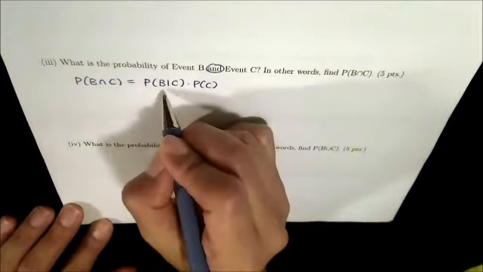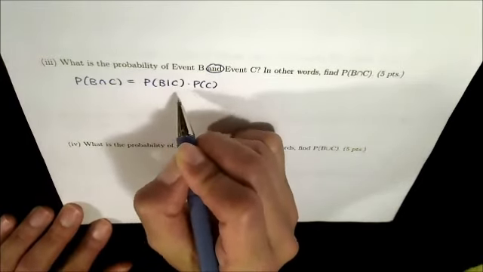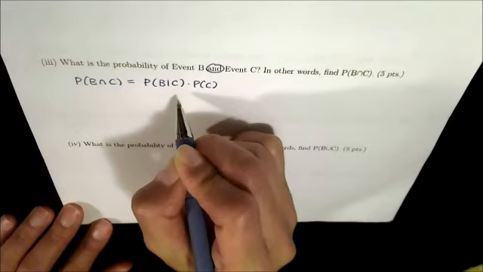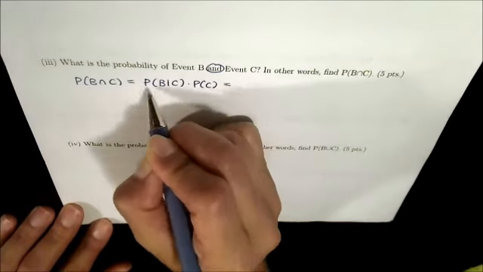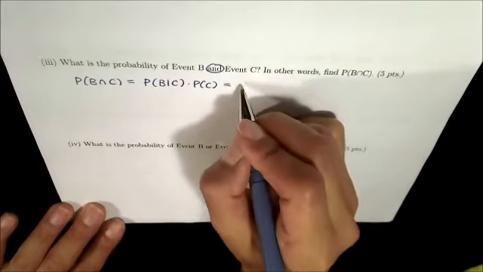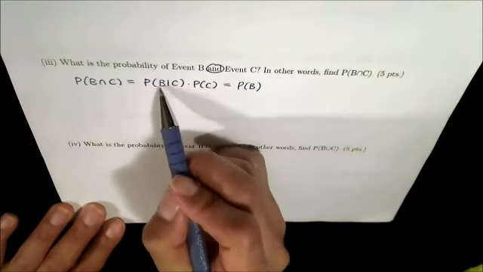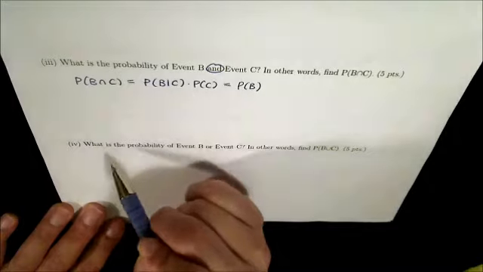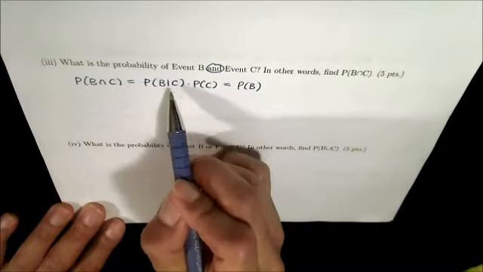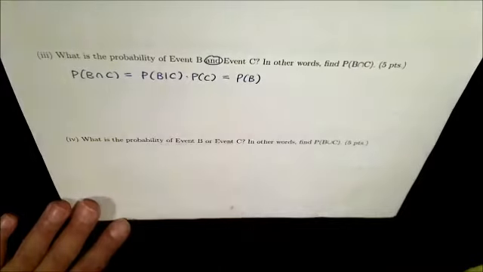However, if event B and event C are independent events, then this P of B bar C is the same as P of B. Why? Because C doesn't do anything on B, right? The event C does not affect event B.